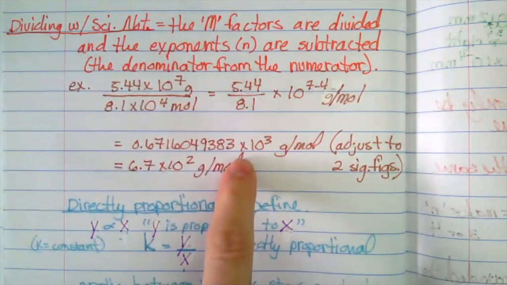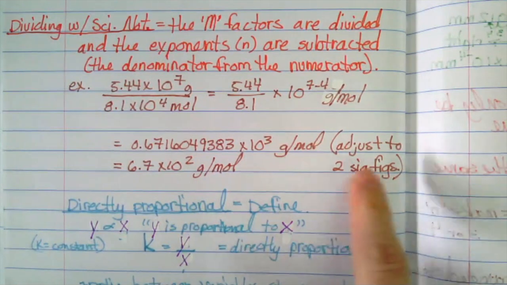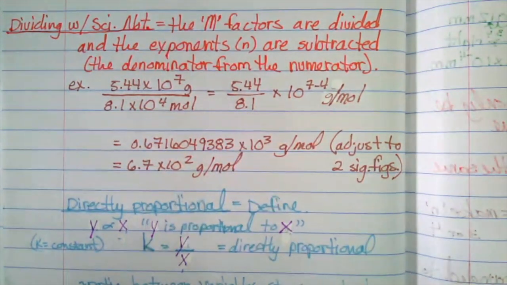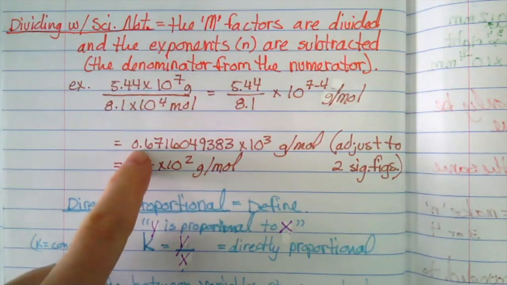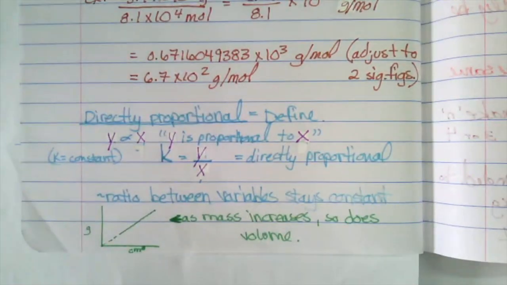I get a long number to the 3rd power, but then I need to adjust it to 2 significant figures because in 8.1 there are only 2 significant figures. So I also want to move that decimal point over, and I get 6.2 times 10 to the 2 grams per mole. All right, I promise we are almost over.